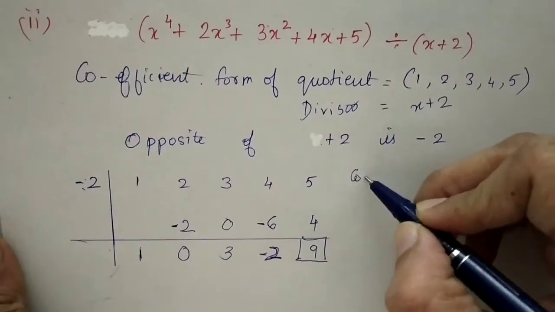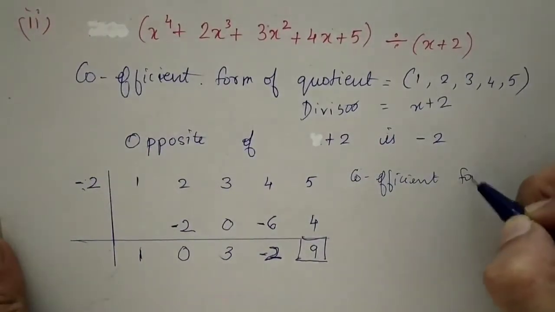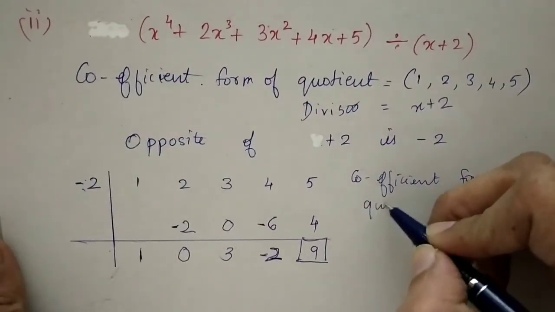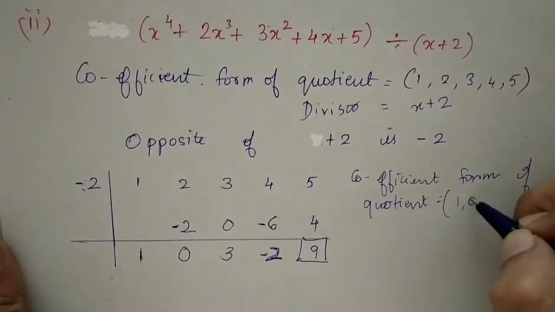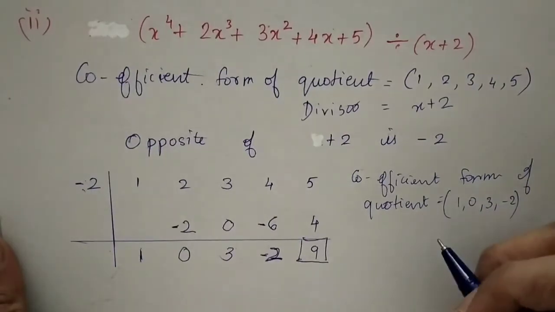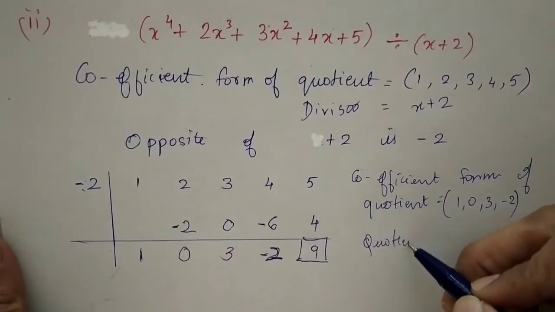So 9 is our remainder, and these are the coefficients of the quotient. So I'll write down the coefficient form of the quotient is equal to 1, 0, 3, minus 2. And then I'll express it in the form of the quotient. So how will I write down the quotient here?